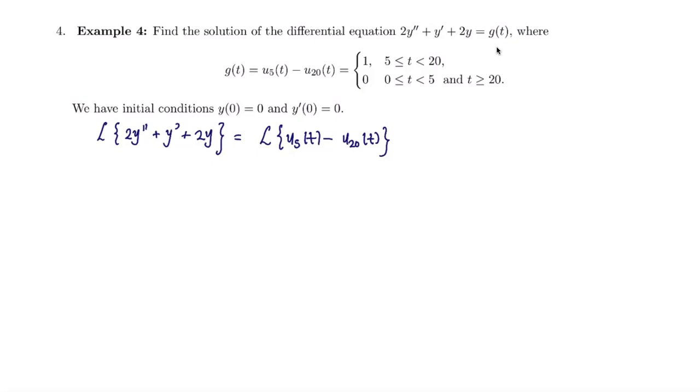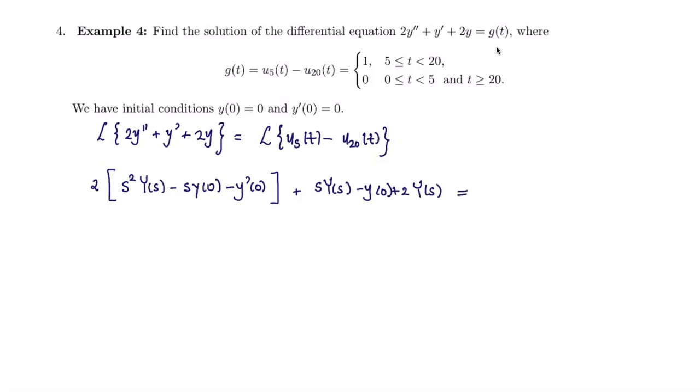In so doing, I end up with 2 times the quantity s squared Y(s) minus s y(0) minus y'(0), plus s Y(s) minus y(0), plus 2 Y(s), is equal to e to the minus 5s over s minus e to the minus 20s over s.